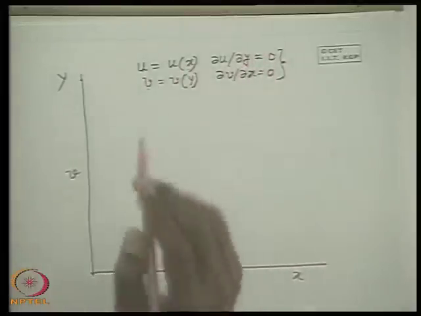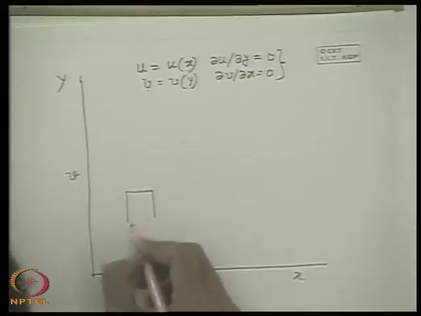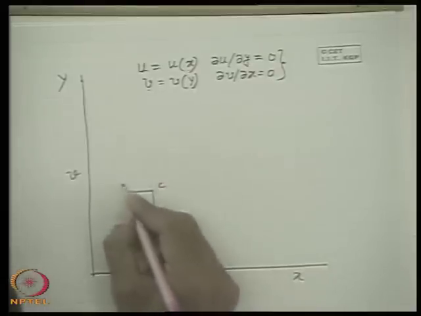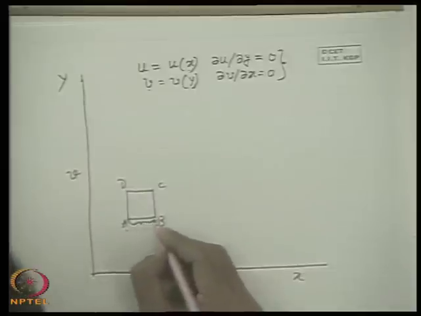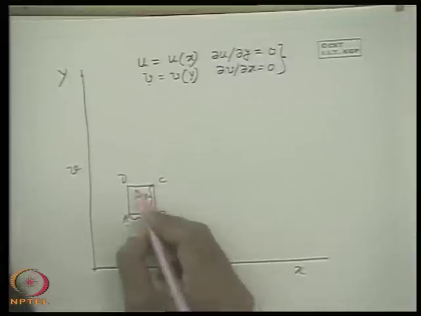If we take a special case like that, then let us see what happens in the course of motion of a fluid element A, B, C, D, where this length was delta x and this length is delta y initially. What happens?